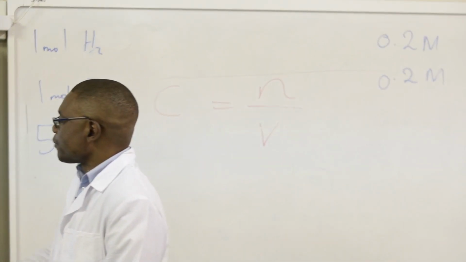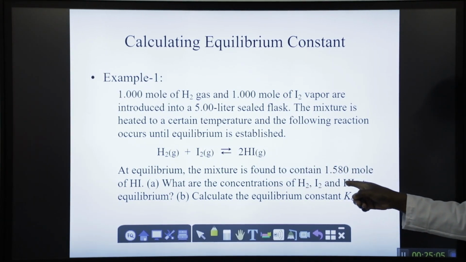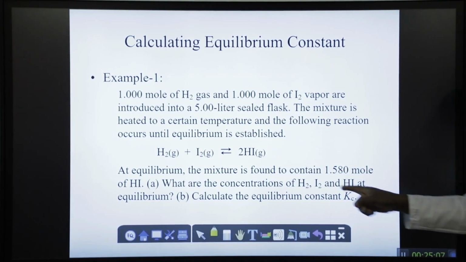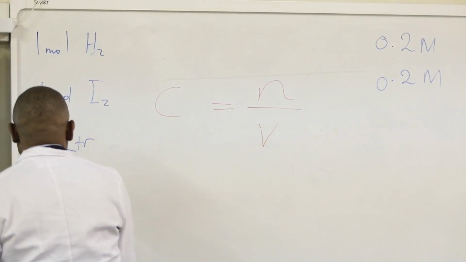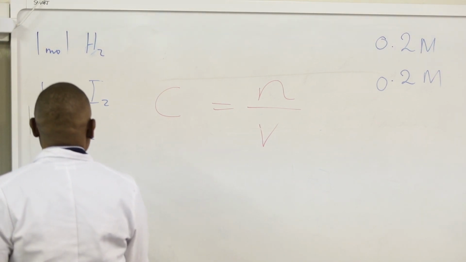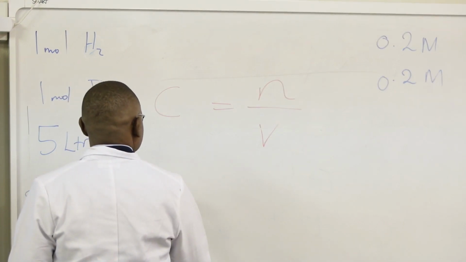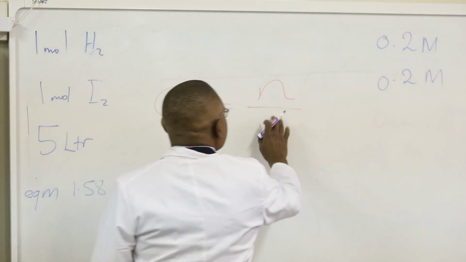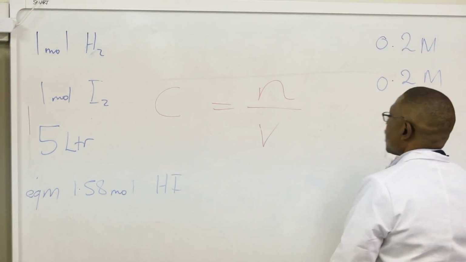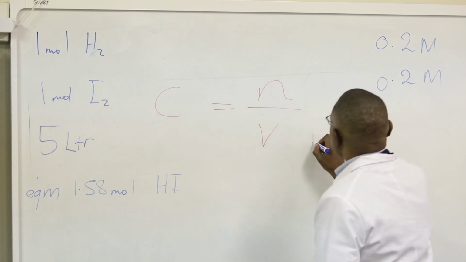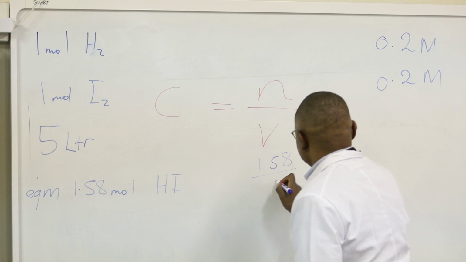If we read further, you will hear that at equilibrium, the mixture is found to contain 1.580 moles of HI. So we are saying the equilibrium quantity is 1.58 moles of HI. Put this quantity into this formula: 1.58 divided by 5.